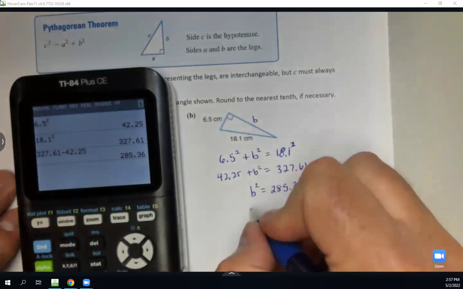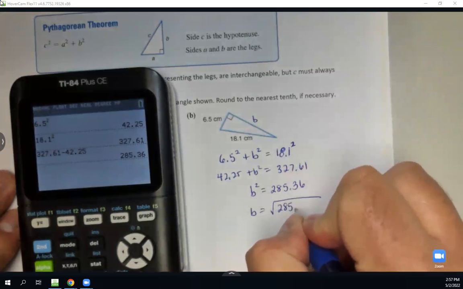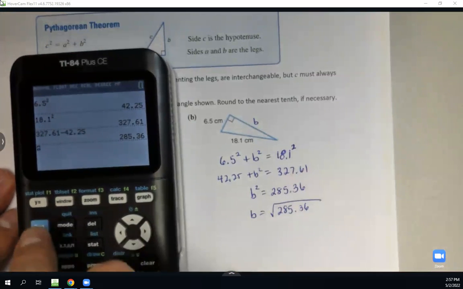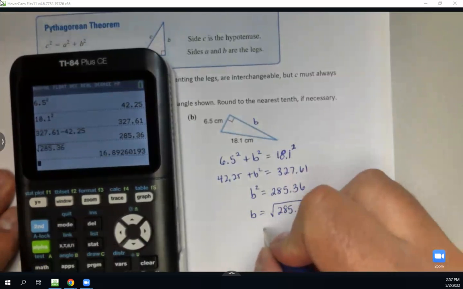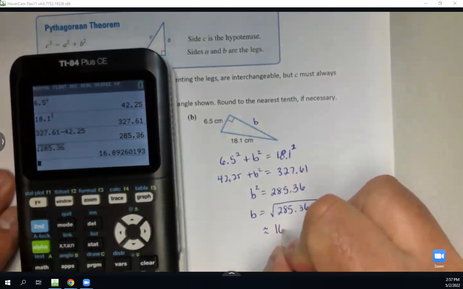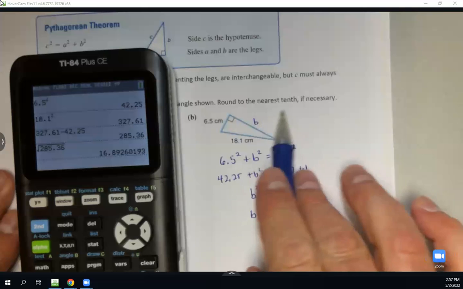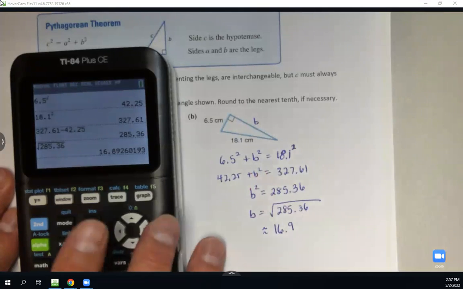which means that B is the square root of 285.36. And that would be approximately 16.9 if I round to the nearest tenth as directed. Okay.